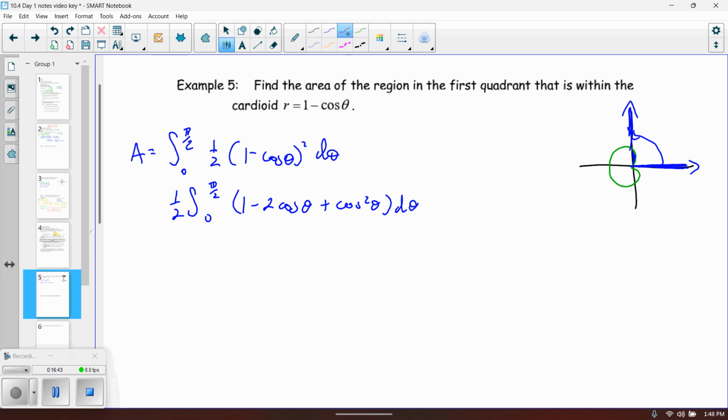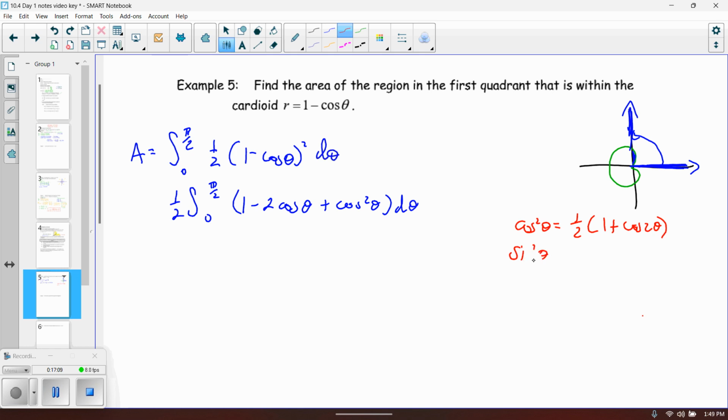So let's use an identity, and I'm going to give you 2 of them that are very important for this unit. Cosine squared of theta is the same thing as 1/2 of 1 plus cosine of 2 theta. This is called a power reduction formula. Fortunately, sine squared of theta is very similar, and if you know one, you're going to know the other one.